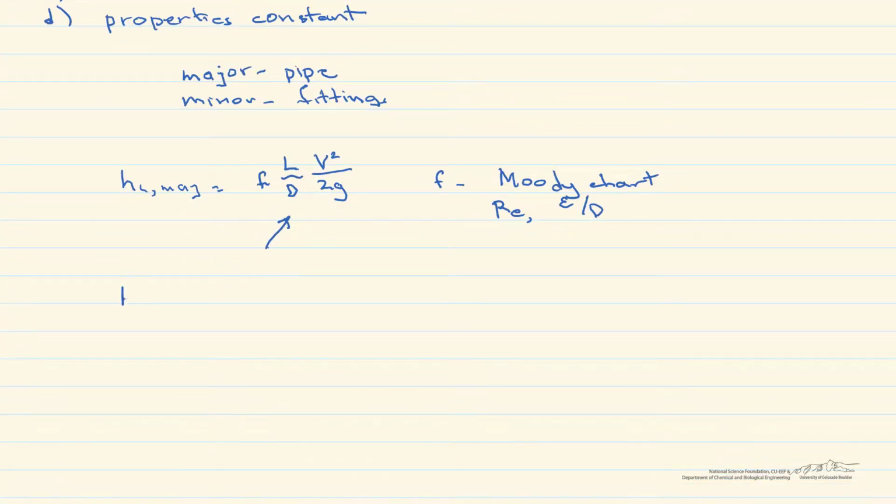However, our minor head loss cannot be determined theoretically due to flow patterns through the various components. So what we do here is we define what's known as a loss coefficient, K sub L, and that's equal to the minor head loss divided by V squared over 2g.